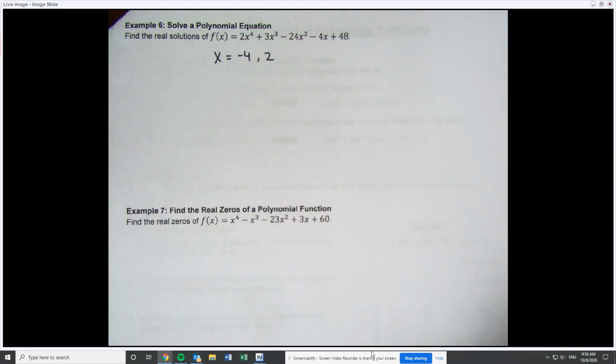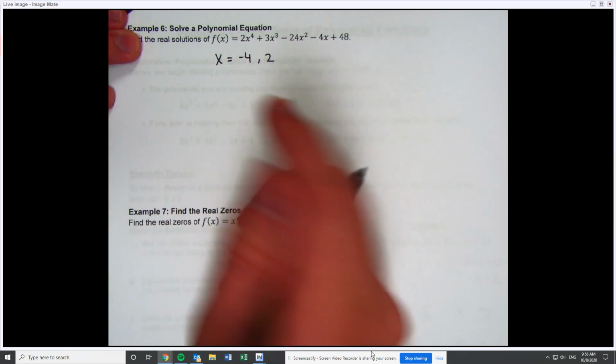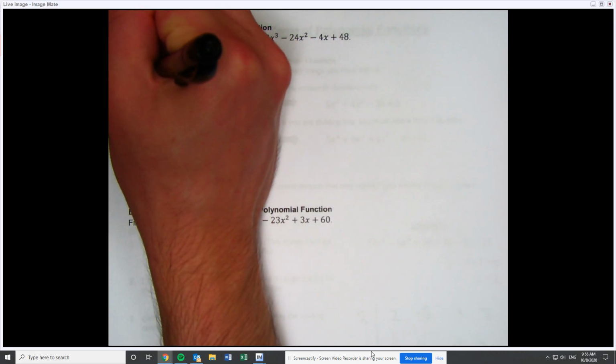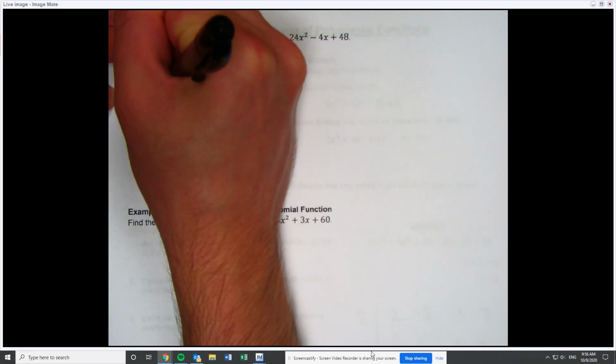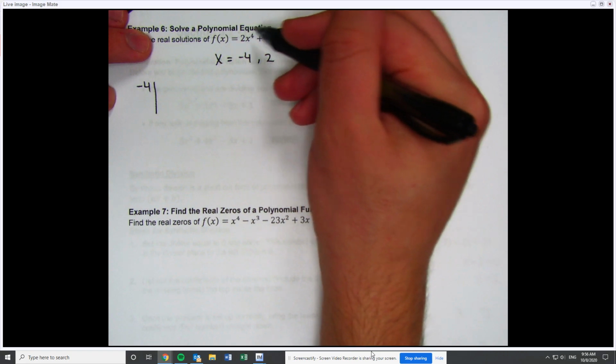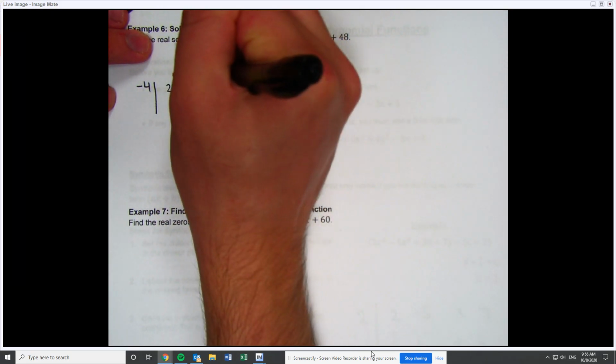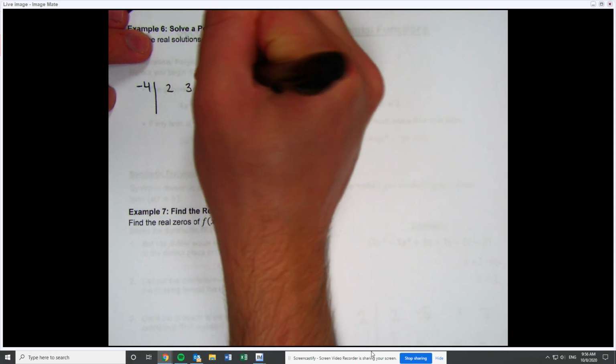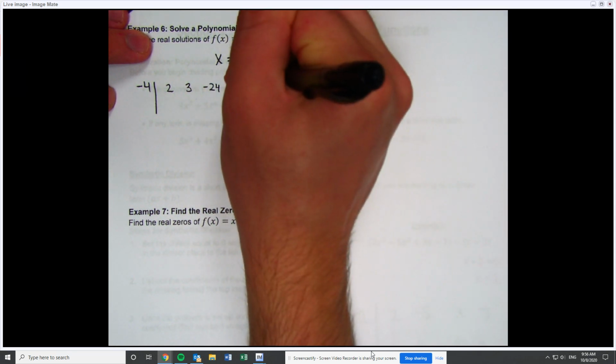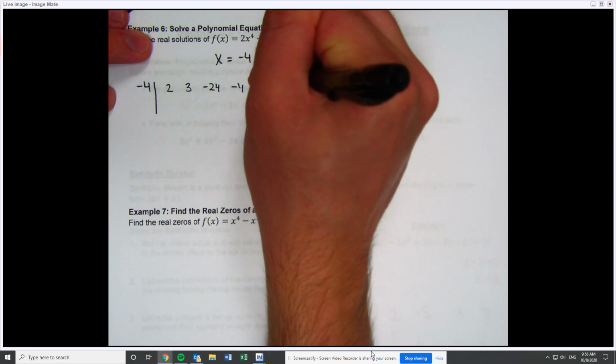So I know I can do synthetic division twice. I'll start with -4. So I have -4 on the outside. Counting down, 4, 3, 2, 1, none. Everything's there. I have 2, 3, -24, -4, and 48.